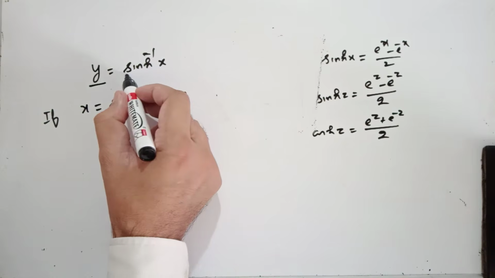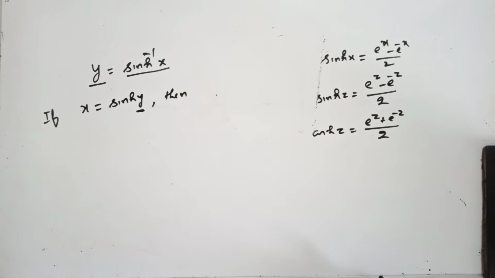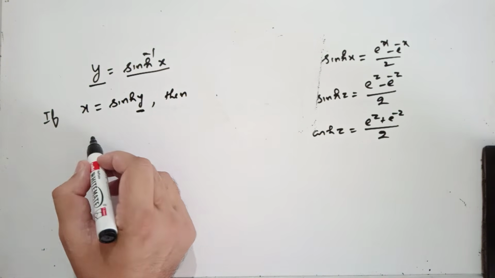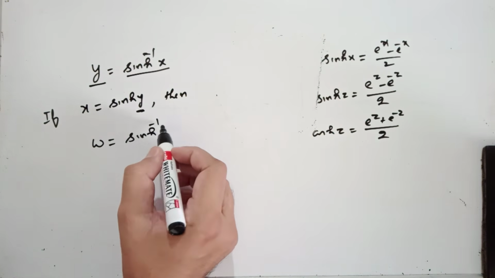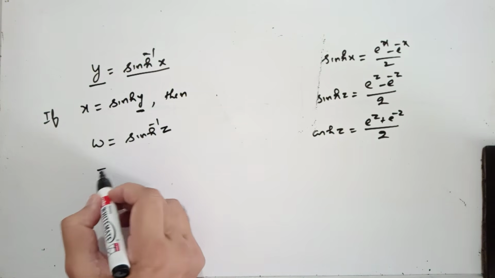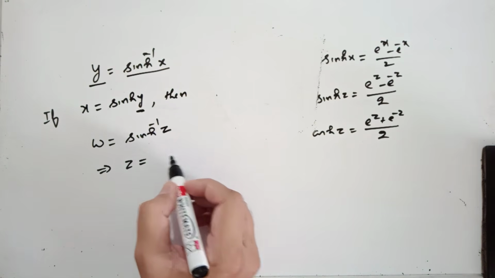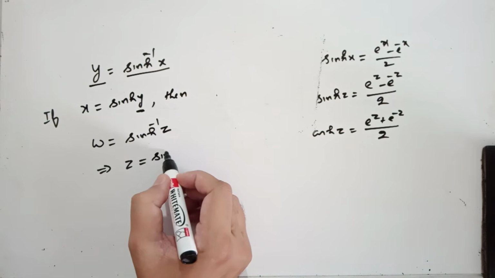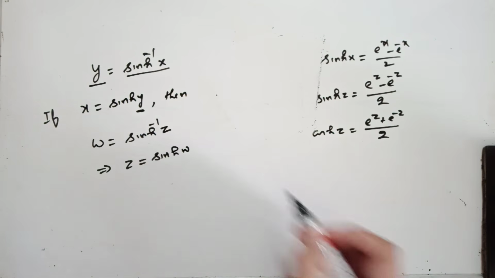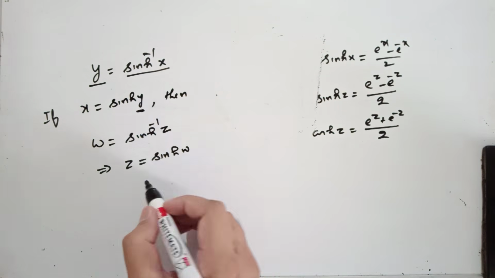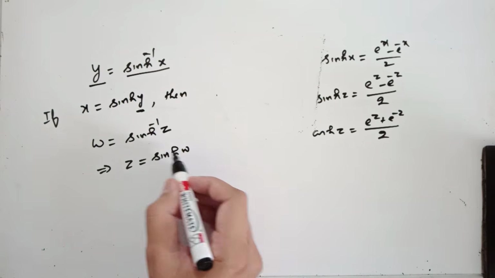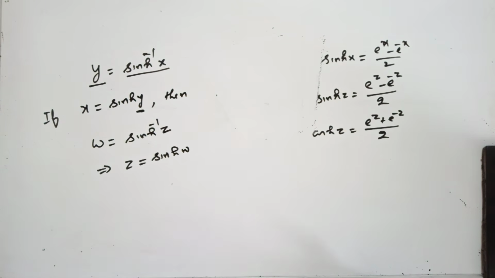We denote that by this symbol. Same way, w equal to sine hyperbolic inverse z means z equal to sine hyperbolic w. If z equal to sine hyperbolic w, then w defines inverse sine hyperbolic of z. This is the definition.